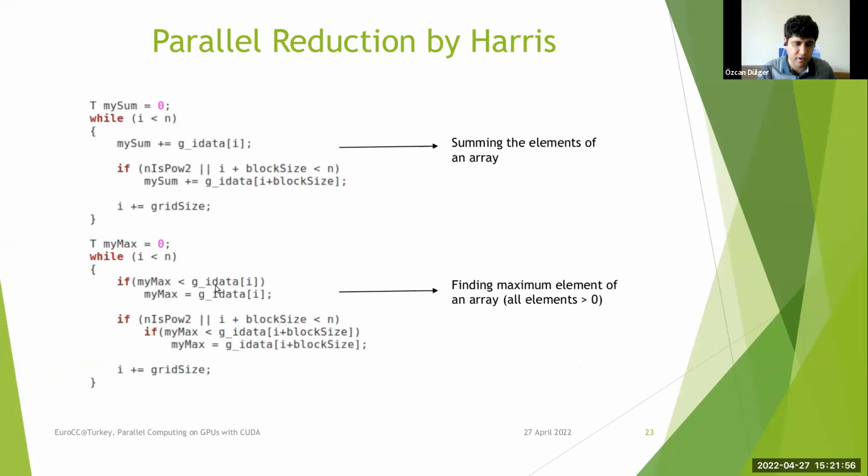If you want to find the maximum one here, you can just replace this addition with an if structure and put a condition here. So now our code becomes a reduction that finds the maximum of an element. So we can easily update or modify it.